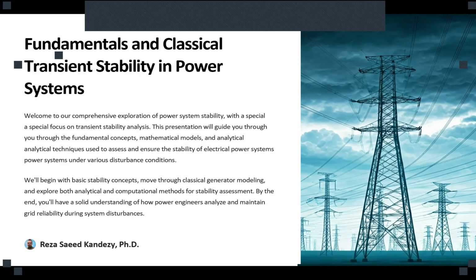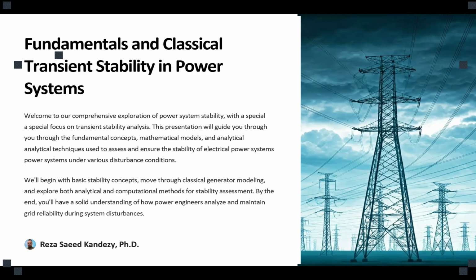In previous sessions, like last week, we talked about the power flow analysis, which was the steady state analysis of the behavior and response of our power system. We talked about the general methods and basically theory and equations that exist for power flow analysis.